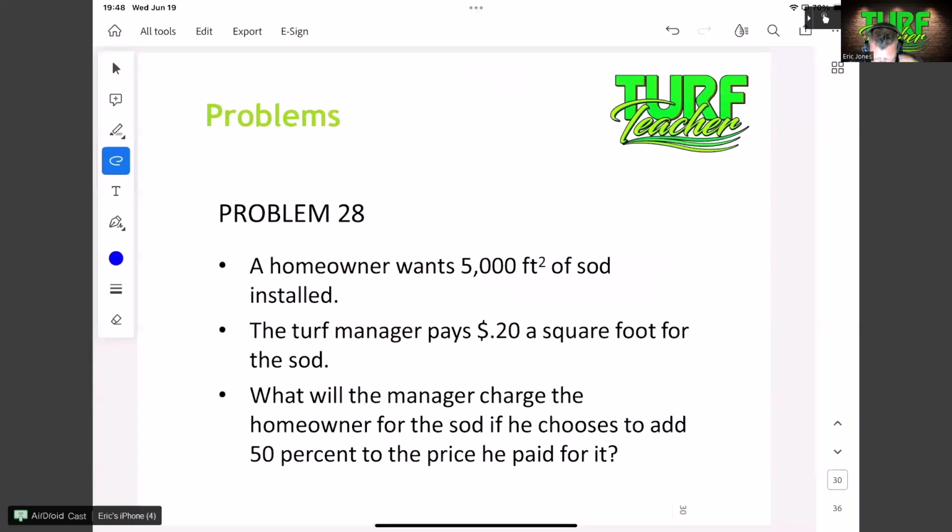Problem number 28. The homeowner wants 5,000 square foot of sod installed. Turf manager pays 20 cents a square foot for the sod. What will the manager charge the homeowner for the sod if he chooses to add 50% to the price he paid for it? So we got 5,000 square foot times 20 cents.